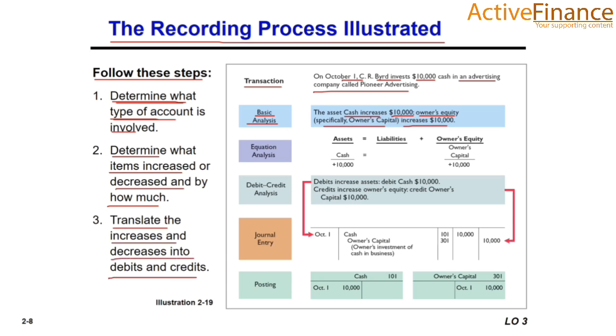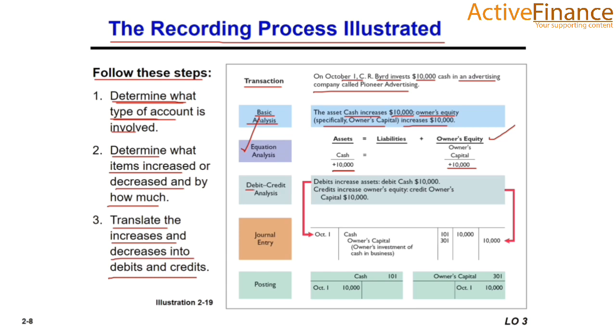In equation analysis, cash is an asset, so it increases by 10,000. We add 10,000 to the cash account, and it also impacts owner's equity, so we add 10,000 to owner's capital, as we learned in the first chapter on the accounting equation.